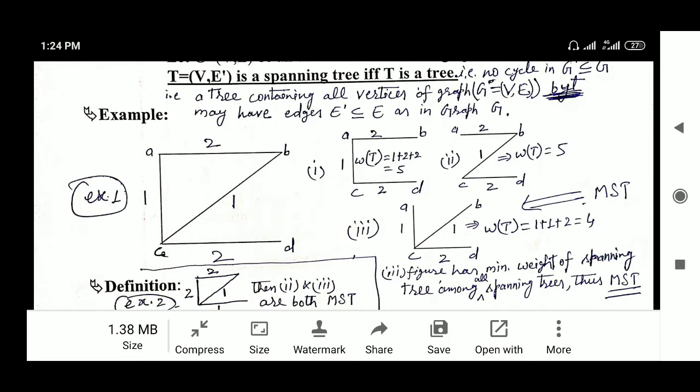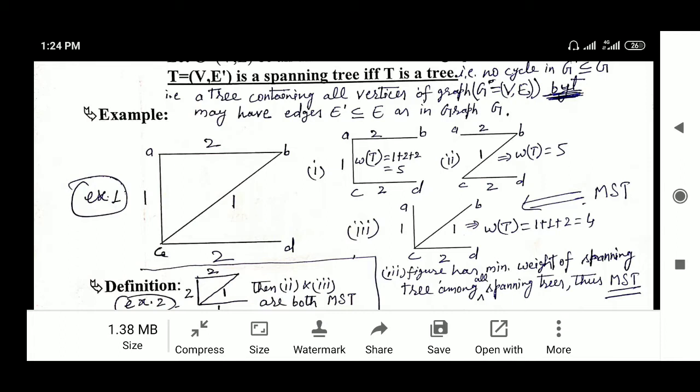So you can understand it by this example, that if you are given a graph A, B, C, D like this, then the total spanning trees you will find are 3 spanning trees. The first spanning tree has all the vertices contained in it but no cycle.